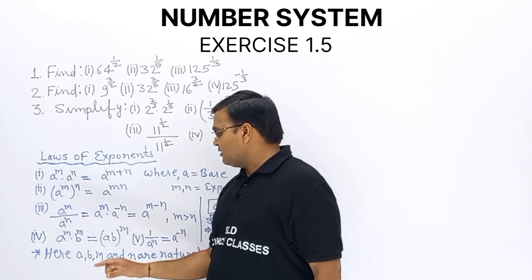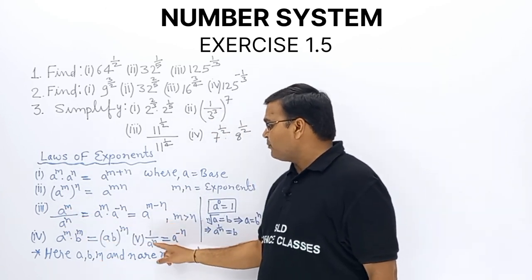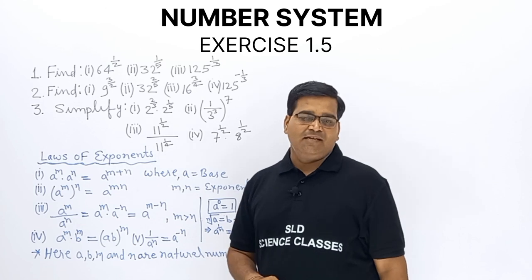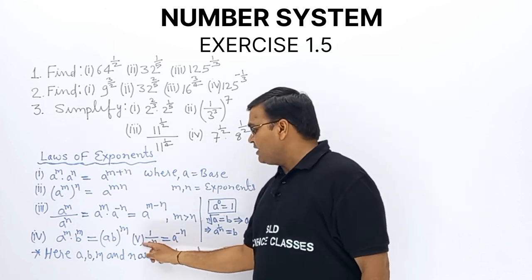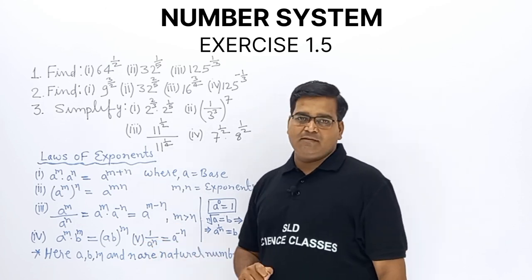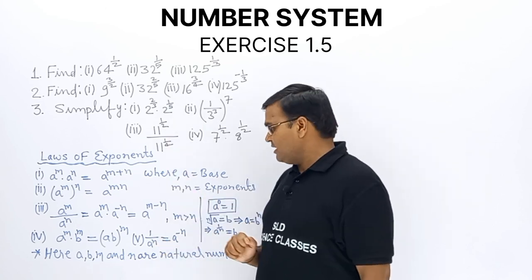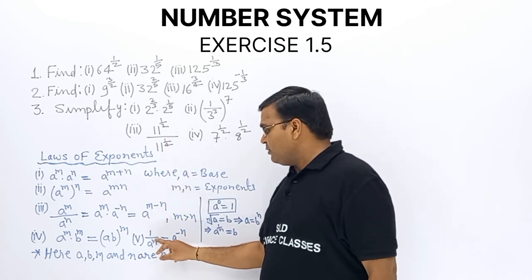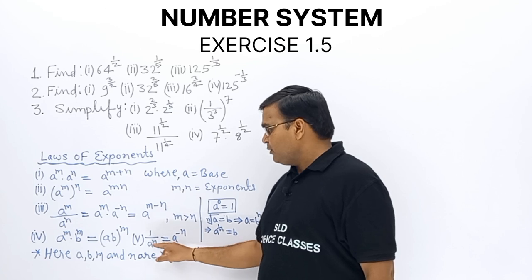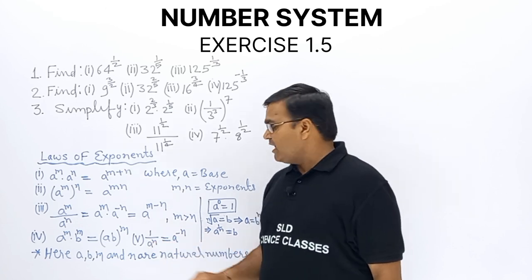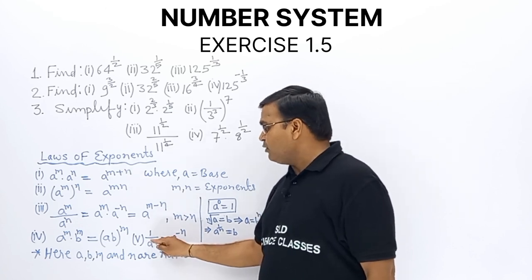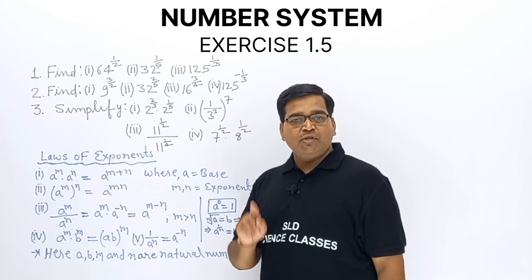Now the third one. Before doing this one, just observe this one, 1 upon a power n. Now in the denominator we are having a power n. Once we bring this denominator part to the numerator, listen carefully, the power n will go from positive to negative.